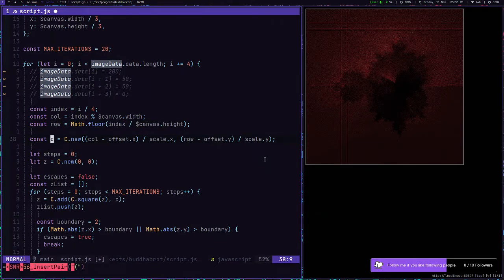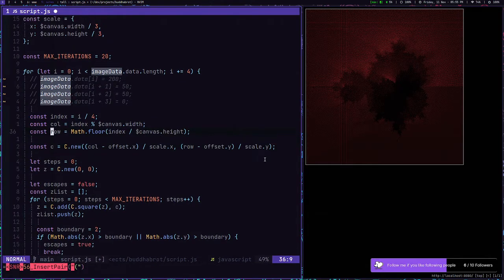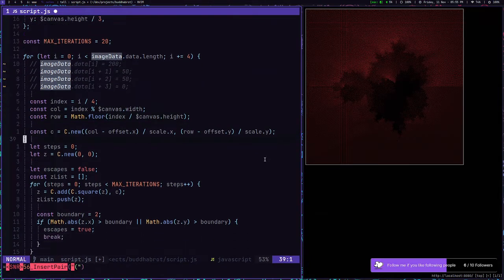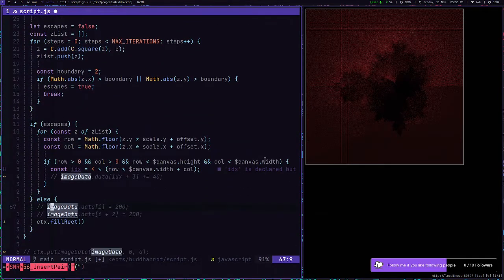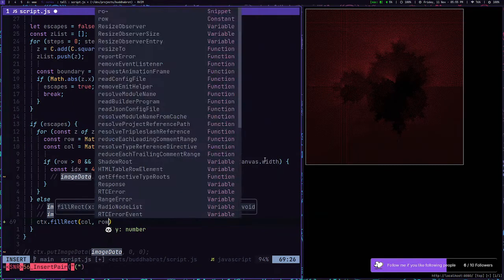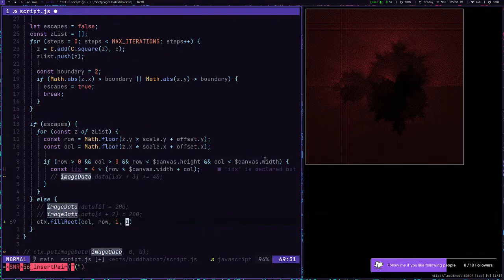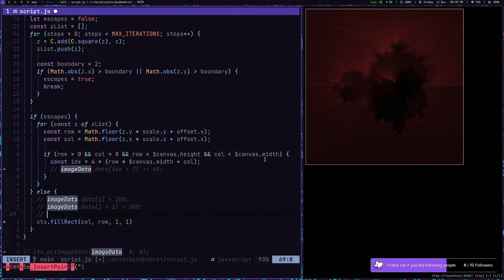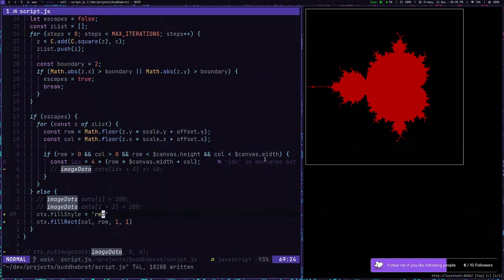Yeah, c dot x, I guess. No, row and column. Yes, row and column is where we need to do that. So x would be column, y would be row, width is 1, height is 1. All right, and we need to set the color as well. Fill style equals red. There it is, Mandelbrot.